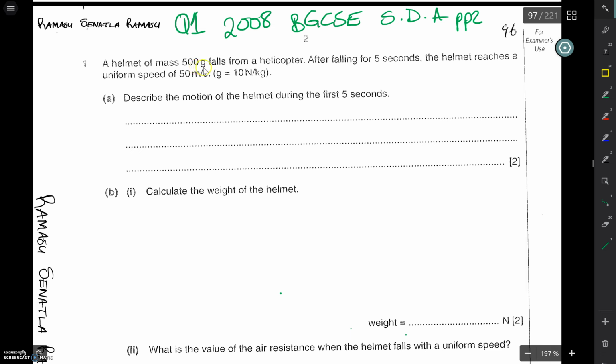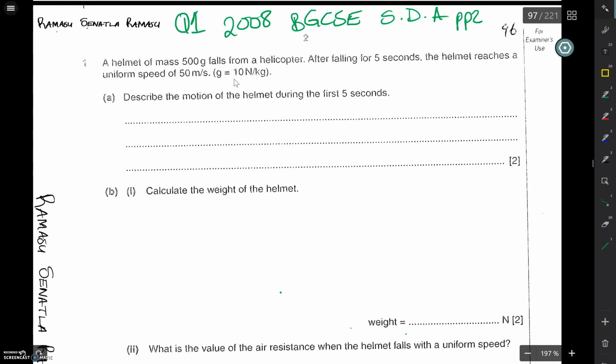Okay, so the helmet is dropped from a helicopter. Then it falls for 5 seconds, and then it reaches a uniform speed of 50 meters per second. So the first thing that happens when the helmet is dropped is that the speed of the helmet increases, right?